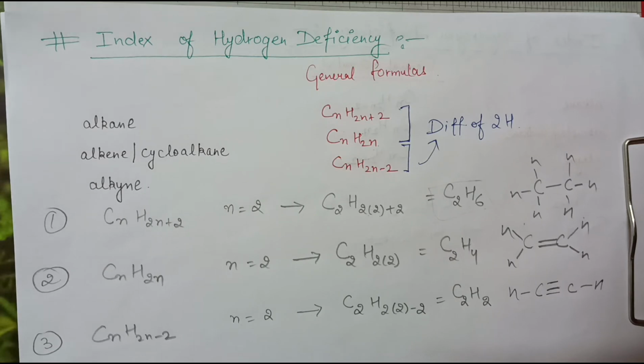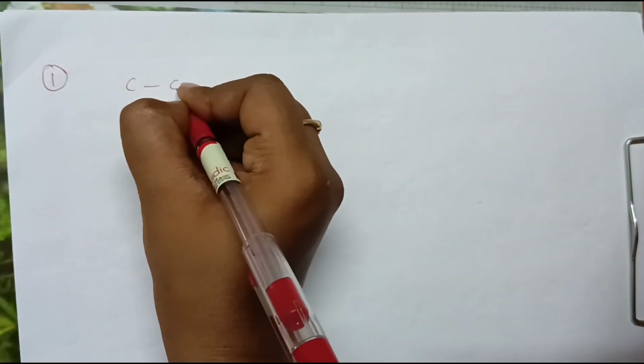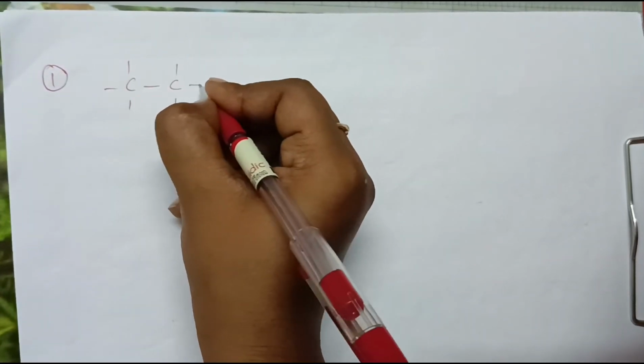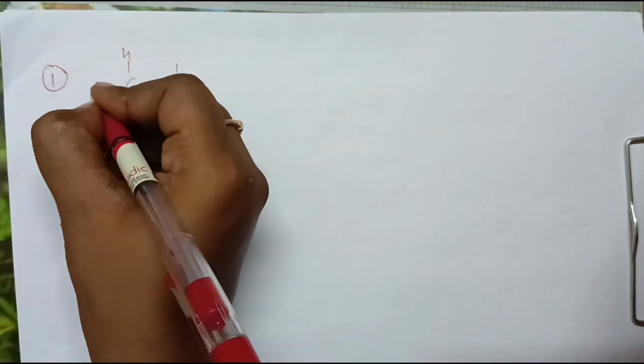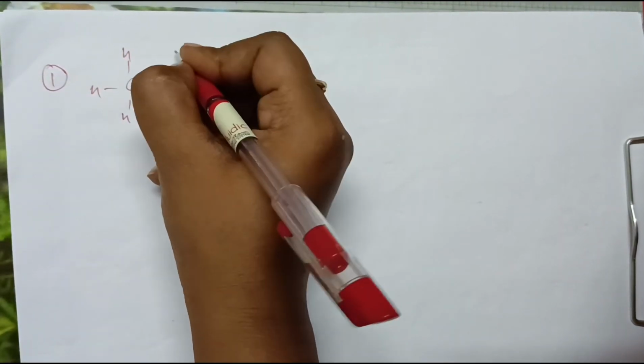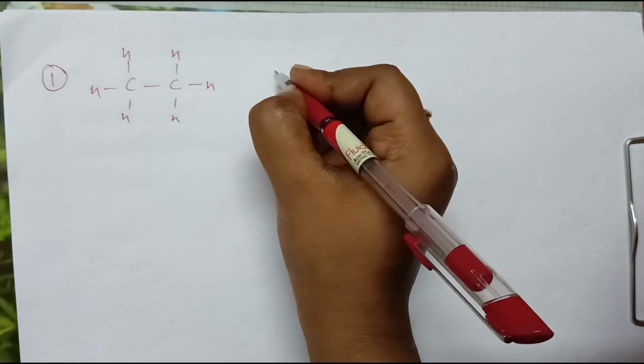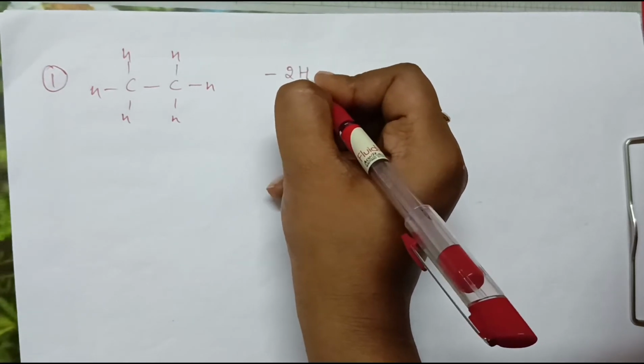Now we are going to understand how this works in terms of examples. Suppose we take the first example. We have an alkane, similar to the alkane we discussed in the example, and we are going to take out two hydrogens.